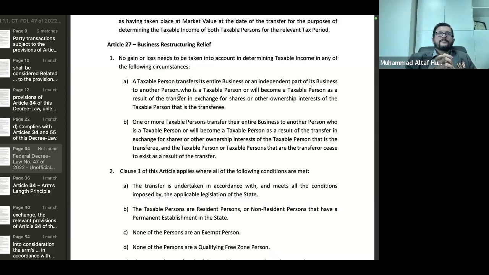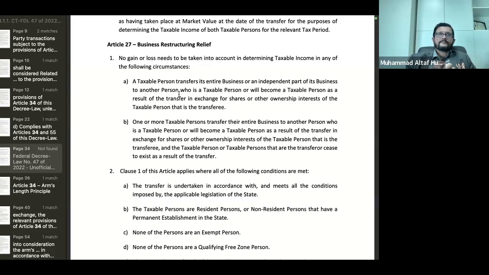If because of this transfer, the money consideration received is higher than the book values, there's a gain that the transferor should ideally record. That gain will be out of scope. It will be recorded in the accounting books, but in the tax return it will not come. Why? Because this business was transferred as a going concern.